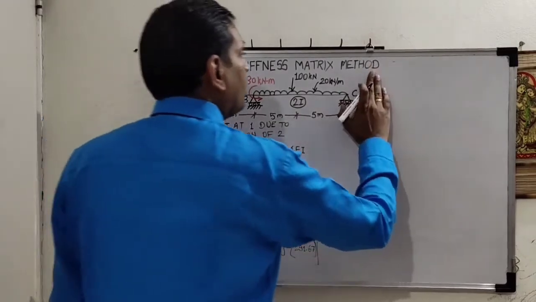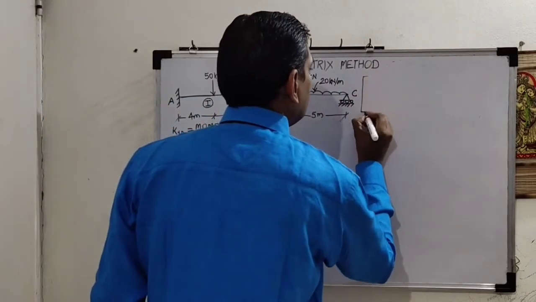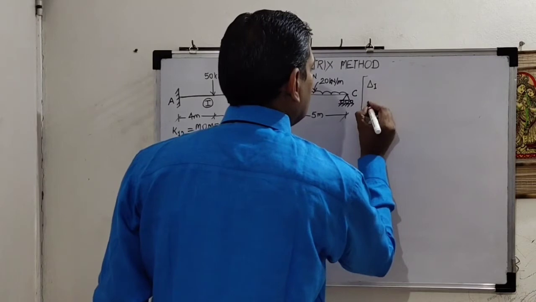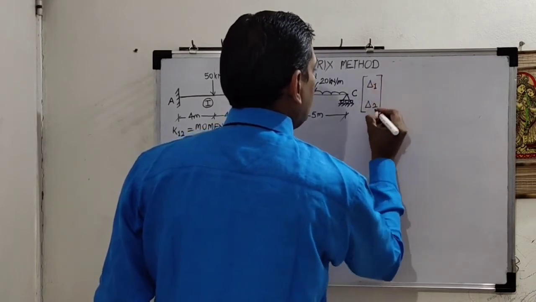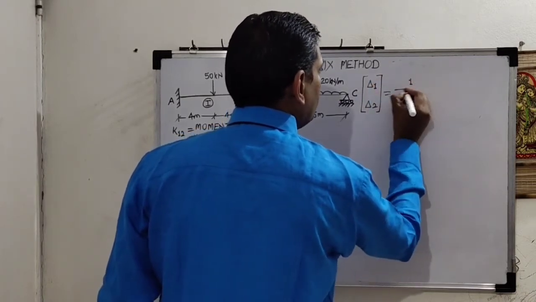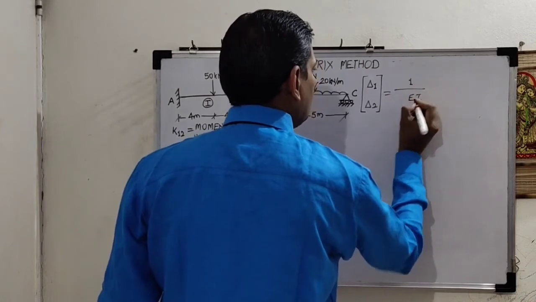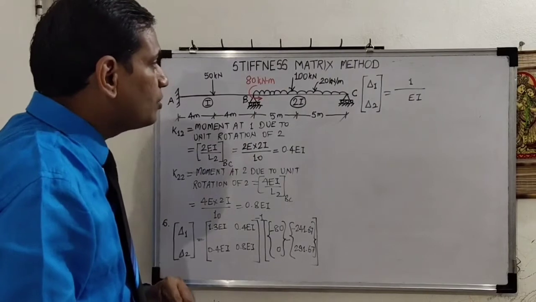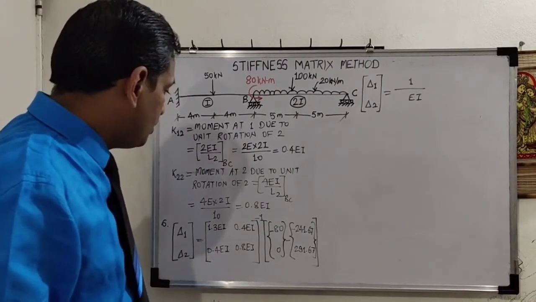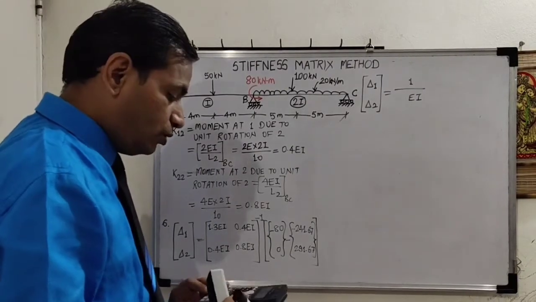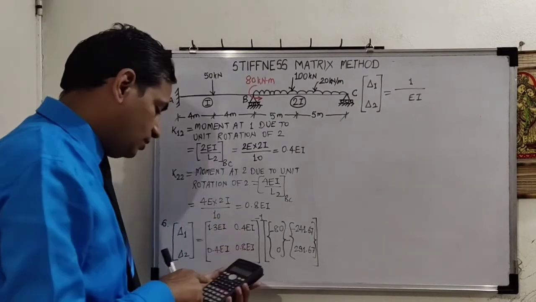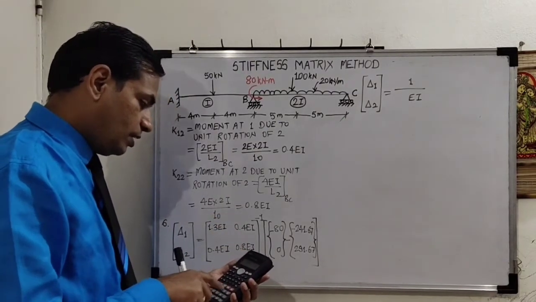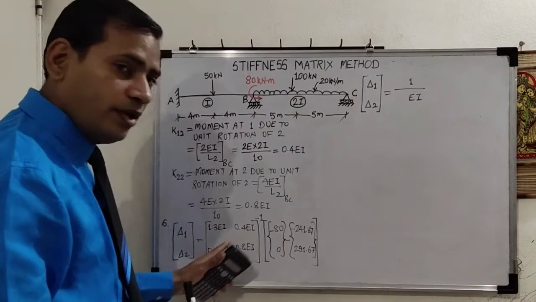So delta 1 and delta 2 are here. Let us first of all find what is the determinant of this matrix. 2 by 2 determinant. How to get? Multiplication of diagonal elements and then subtraction. So 1.3 into 0.8 minus 0.4 square.